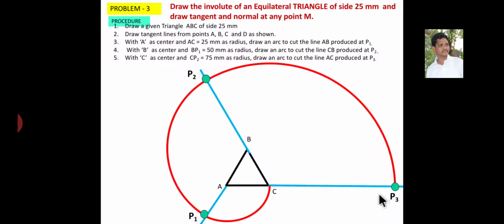Now you have to draw the tangent and normal at any point M on the involute. Here I consider the point M on arc P2 P3.